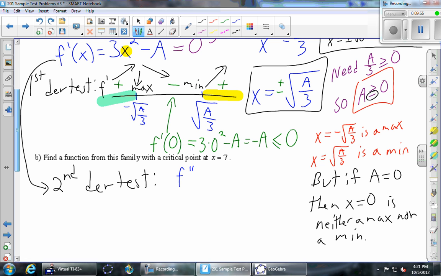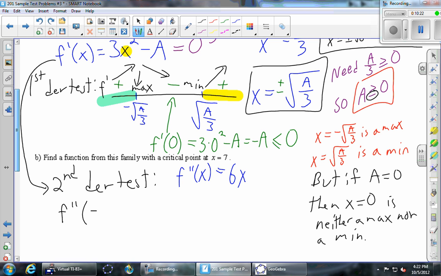So f double prime of x equals, the derivative of 3x squared is 6x. The derivative of minus a, it might be tempting to put minus 1 there, but a is just a constant, and the derivative of a is nothing. So f double prime is 6x. That's it. Now the second derivative test works a little bit differently. We don't actually do a sign chart. What we do is plug the critical points into the second derivative.